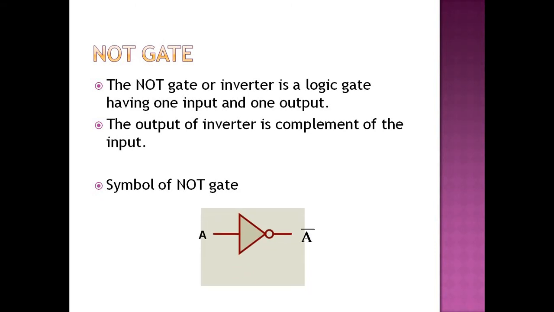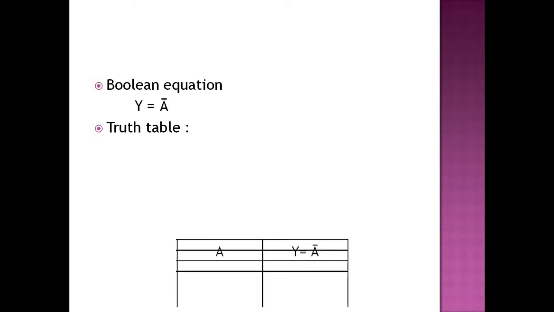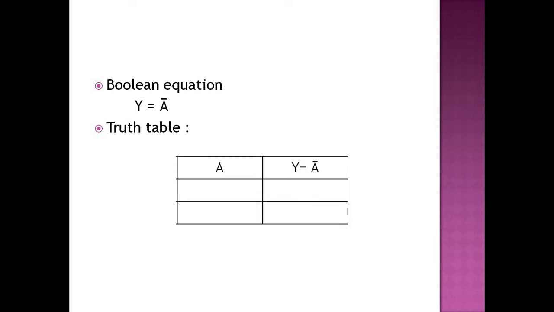Here NOT gate has only a single input A, and the output of the inverter is nothing but the complement of the input, so we represent it as A complement. So the equation of the NOT gate is Y equals A bar. Truth table is shown in the following figure. The input is A and the output is Y equals A bar.